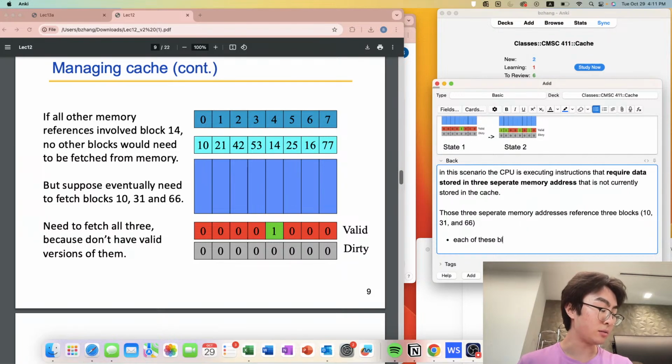Each of these blocks is put into the cache, and the valid bit switches.